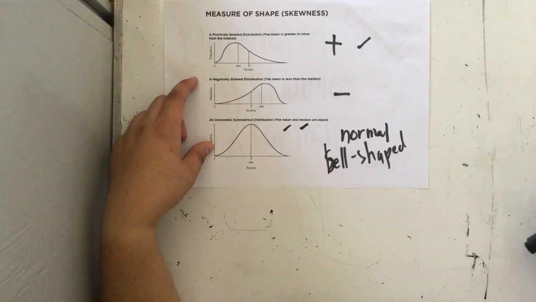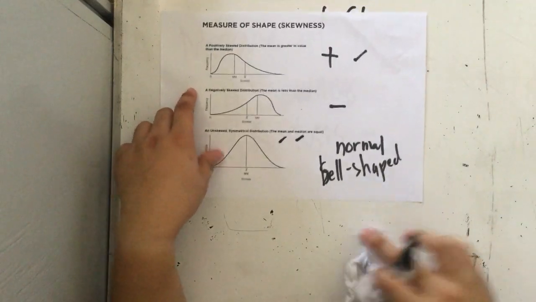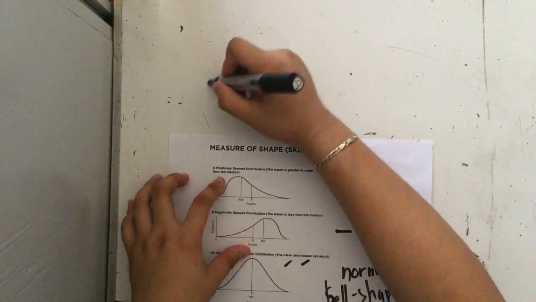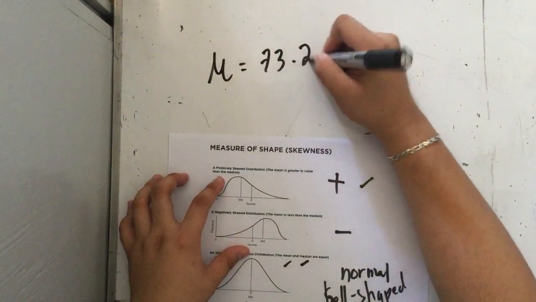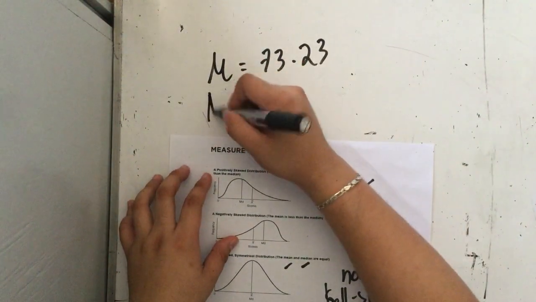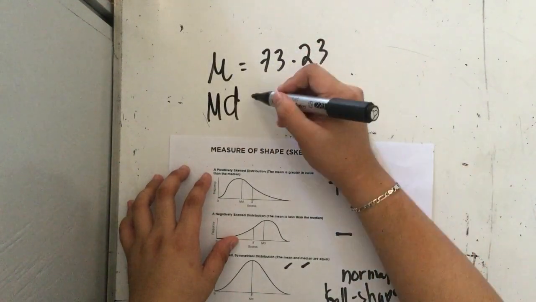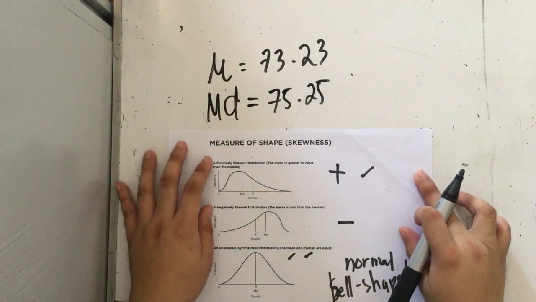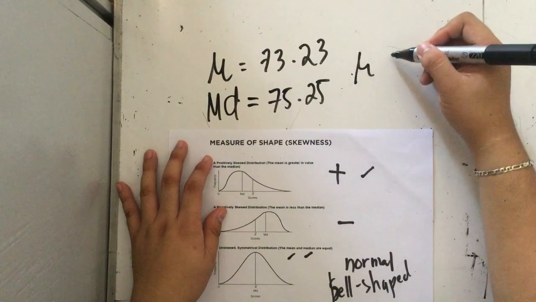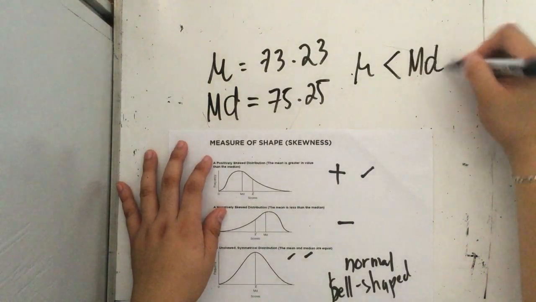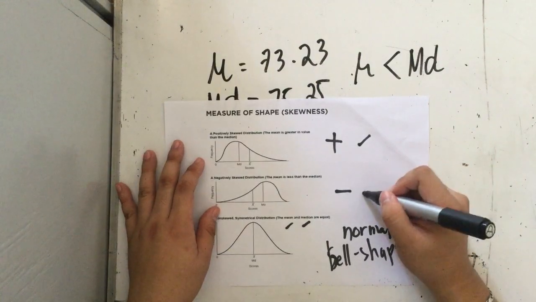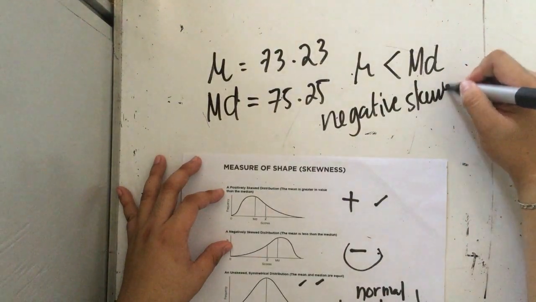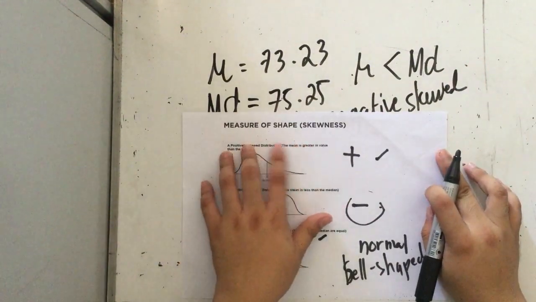So, for example, dun sa ating example na kinuha in group, our mean is equal to 73.23 and our median is 75.25. So therefore, since our mean is less than our median, it is negatively skewed. Okay, it is negatively skewed.